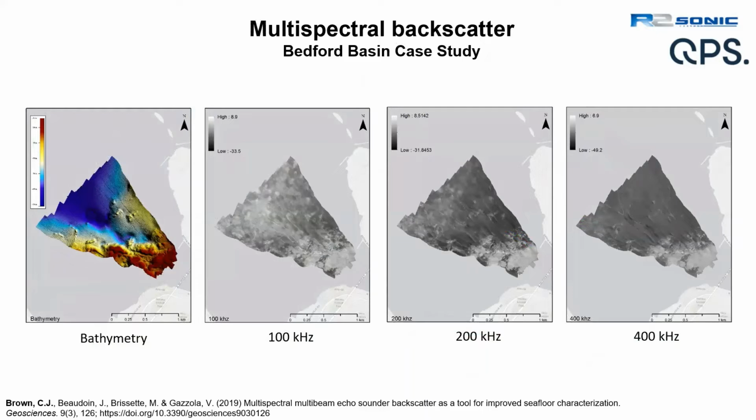And in the mouth of the Bedford Basin, just across the harbour from the Bedford Institute, you can see it's consistently high backscatter in all three of these frequencies. As we drop down into the basin, we have low backscatter on the higher frequency system. And then we start to see this really complex higher backscatter appear on the seafloor.